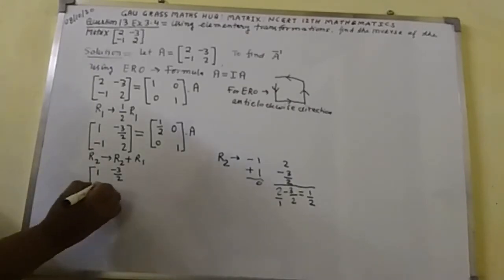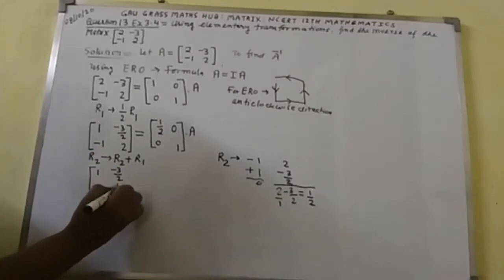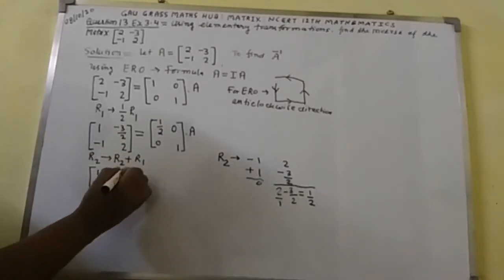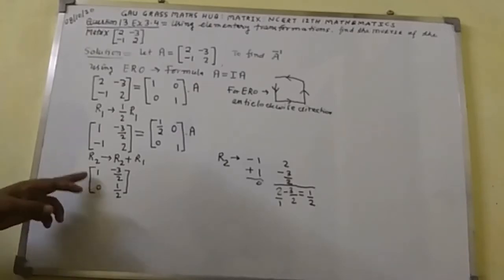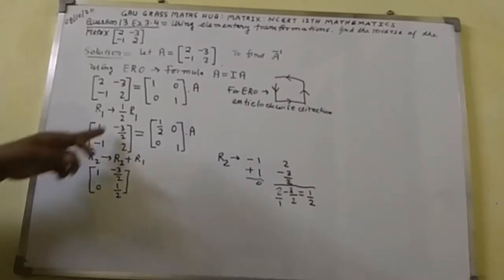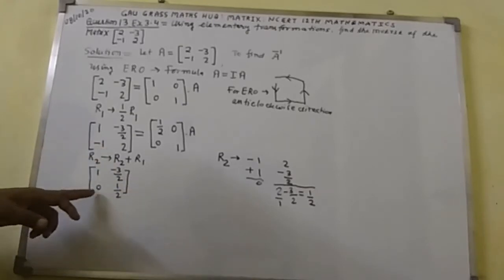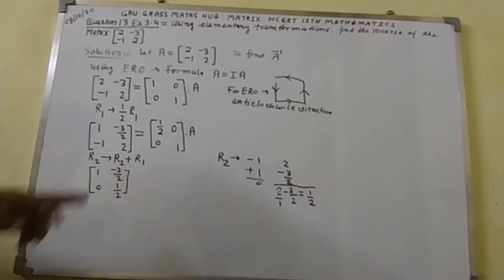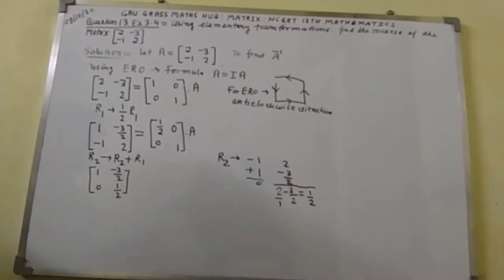So here it will be 0. In place of 2, I shall write here 1/2. Closing of square bracket. 1, 1 minus 3/2. In place of -1, I shall write here 0. And in place of 2 here, I shall write 1/2.